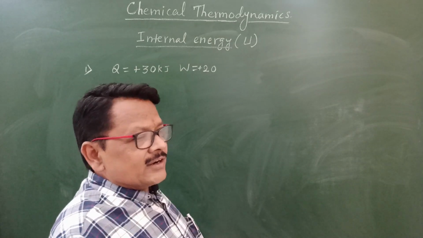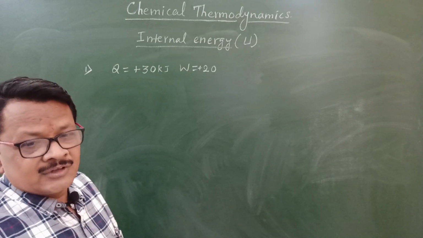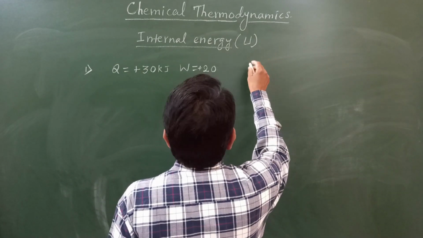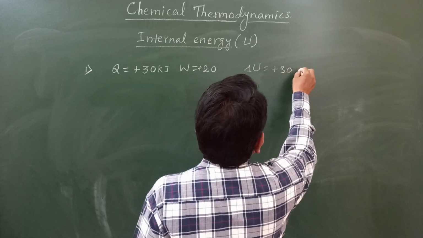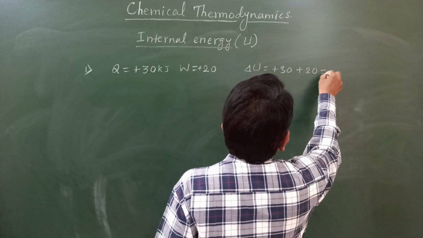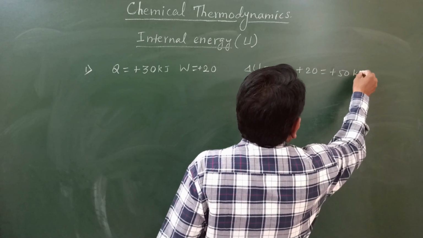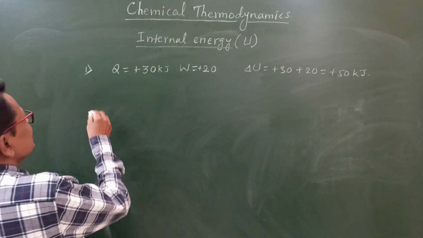Then the internal energy of that system increases by how much? The internal energy of the system increases by plus 30 plus 20, equal to plus 50 kilojoule. So this is the increase in internal energy.